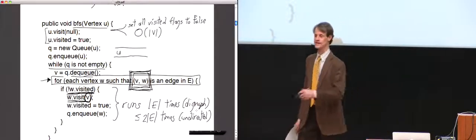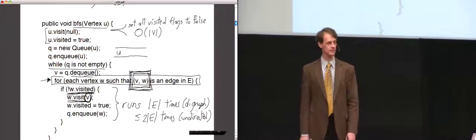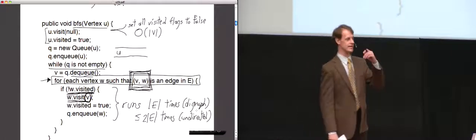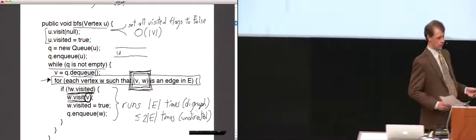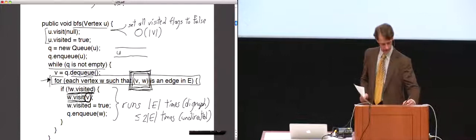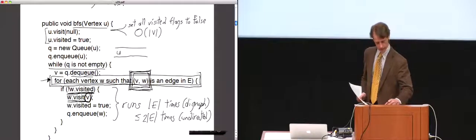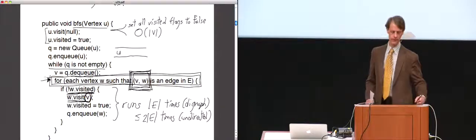What if you're using an adjacency matrix? How fast or how slow do you think the algorithm is? V squared, yes. So why is it V squared? Again, this loop here, you need to find all of the edges.